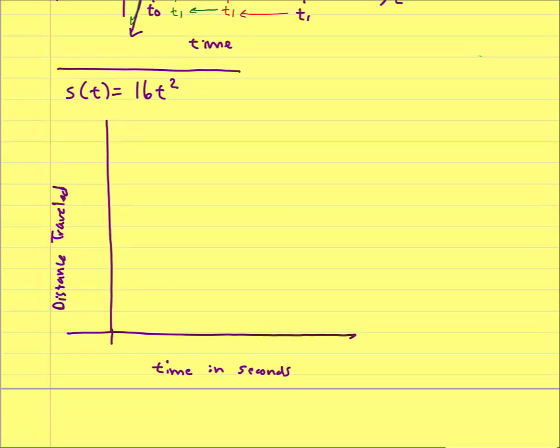So here's 0, and I know if I plug in 0, I get 0 back out. So here's where my curve starts. And then of course I can plug in all sorts of different values.